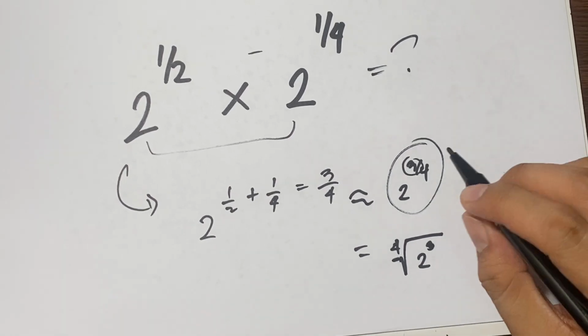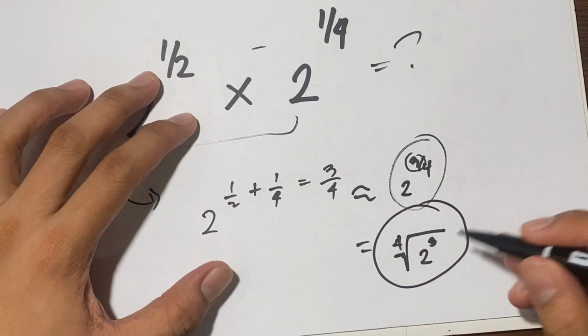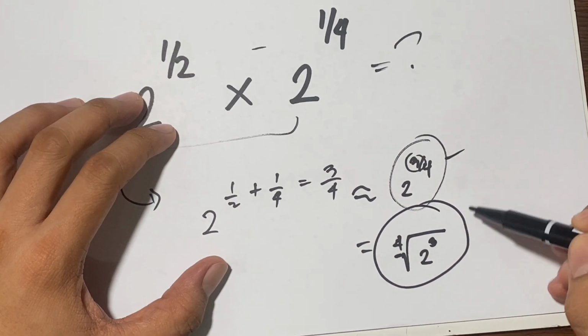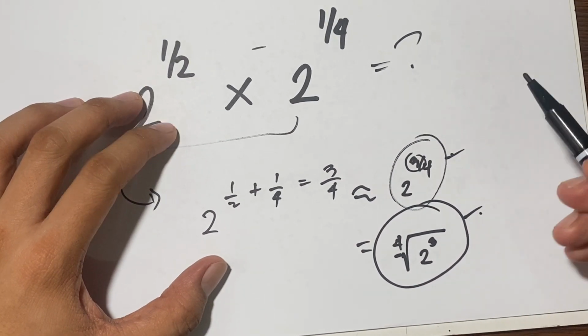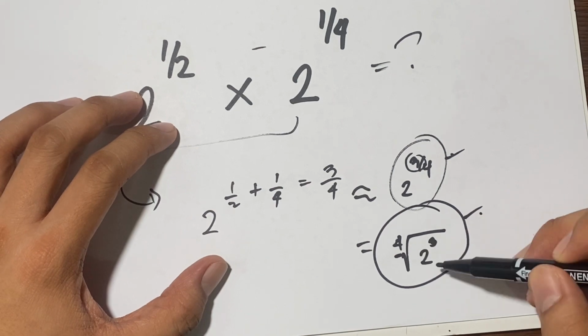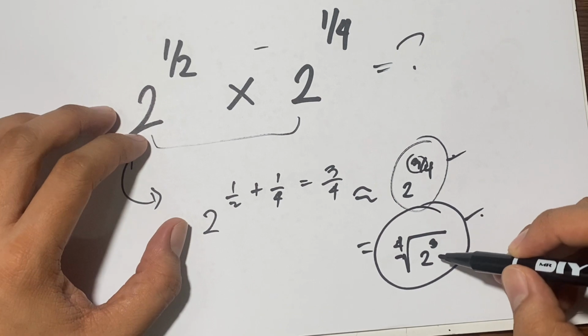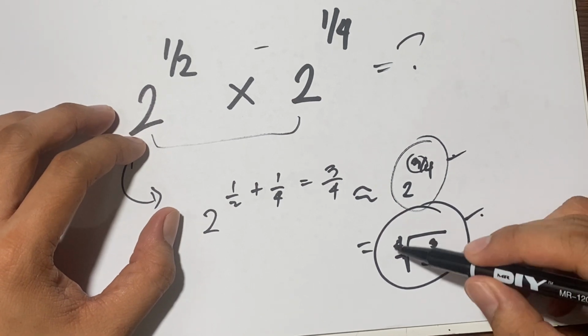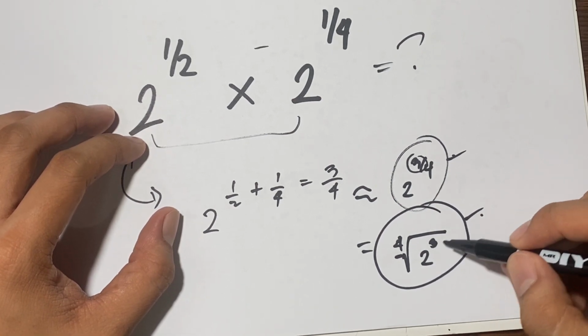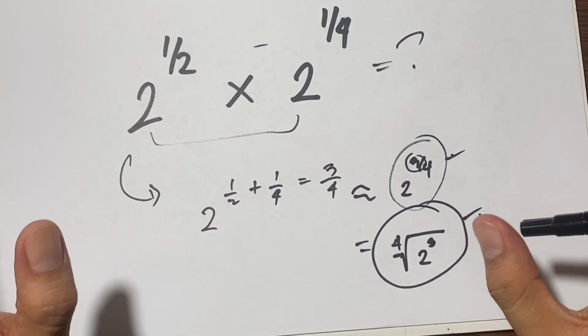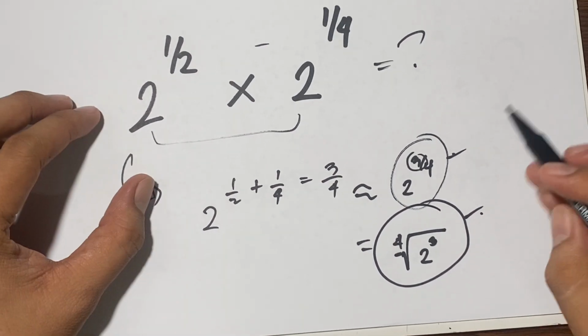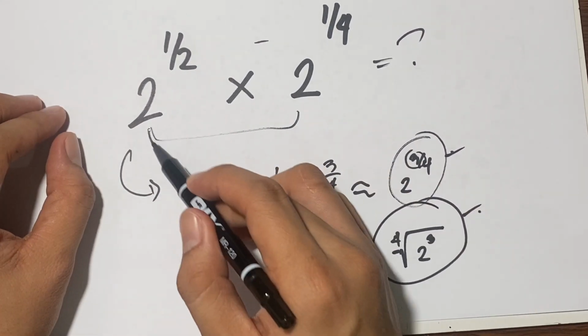So the final form, if this is not present, either this or this one, would be the fourth root of 2 raised to the power of 3. That would be our final answer for this problem.